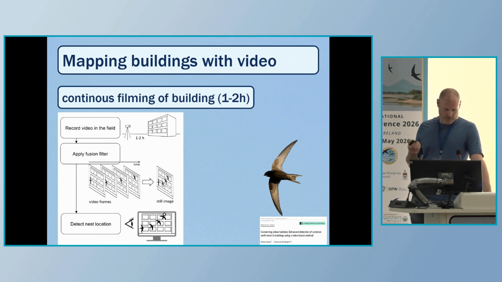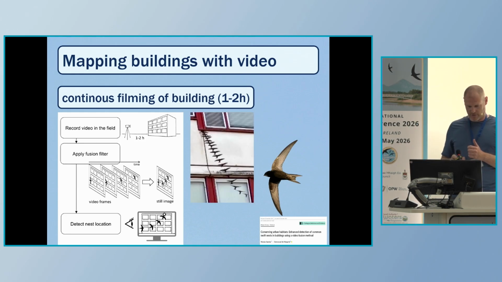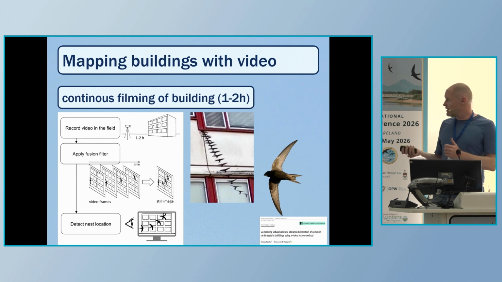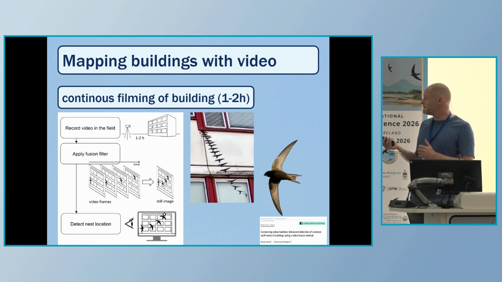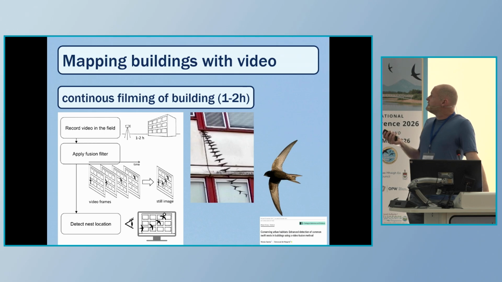And they record in the field, they take several video frames to put into one still image, and you get, at the end, a photo like this, and then you have the place where the swift is nesting.